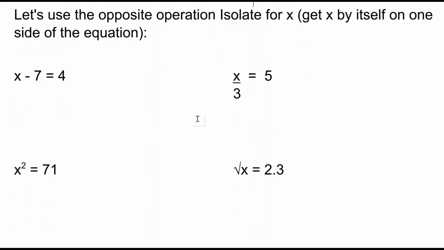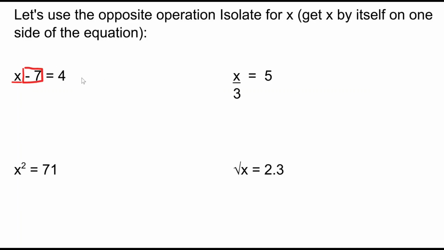Let's use the opposite operation to isolate for x in the following equations. So if I have x minus 7 equals 4. Now, some of you intuitively know how to do this, and that's because you're kind of math naturals or you have enough experience. But what I want you to focus on is, we've got an x here, and what is happening to the x?